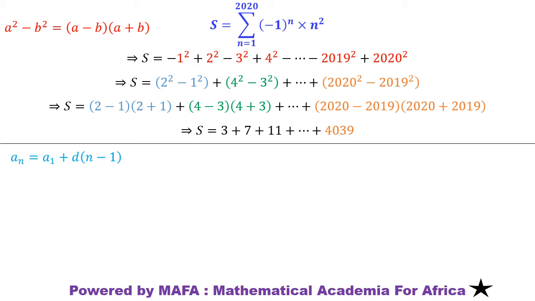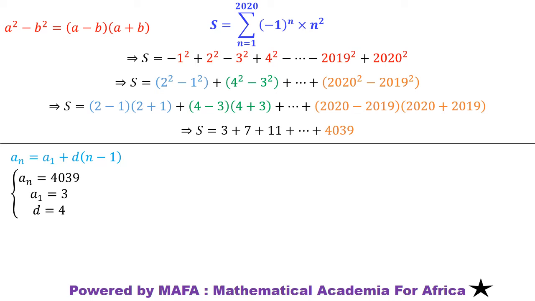Now in an arithmetic sequence, the nth term is obviously the last term. Here our last term is 4039, meaning an is equal to 4039. a1 is our first term, which is 3, and d is our common difference. 7 minus 3, 11 minus 7, and so on have the same value, which is constant.